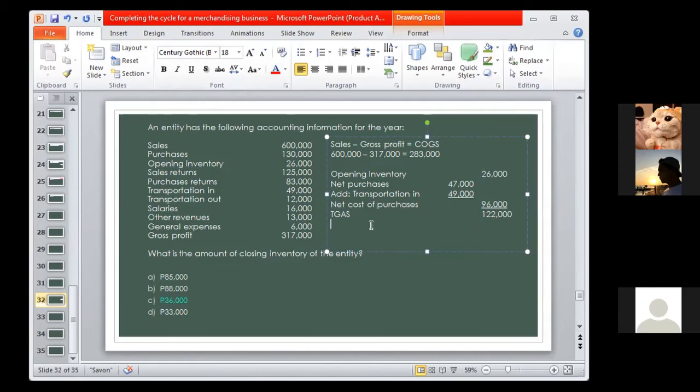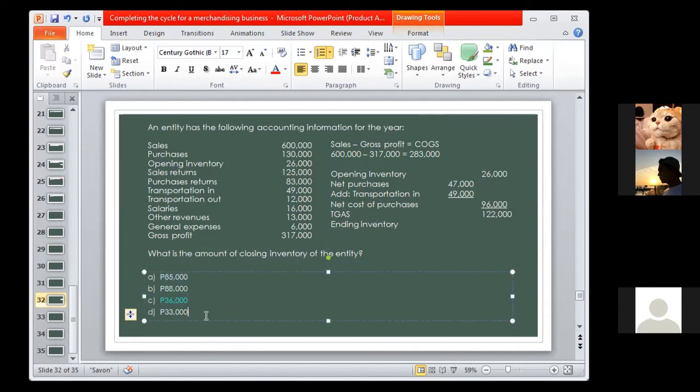Kailangan kung may error dito. Hindi ata ako napalitan. Ito yung ending inventory. Pero anong sagot mo dito, Rika? Anong sagot mo kung wala dito?